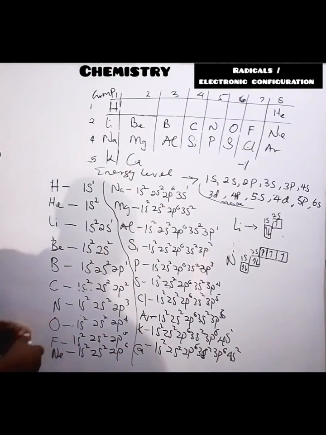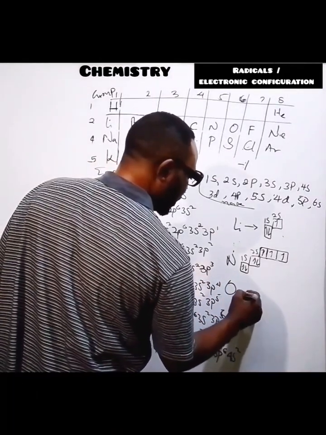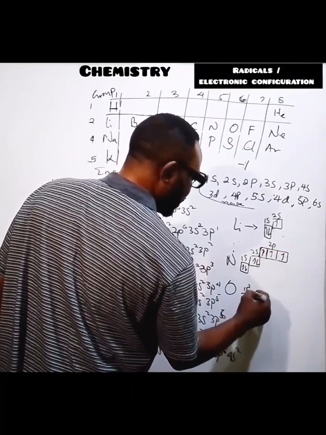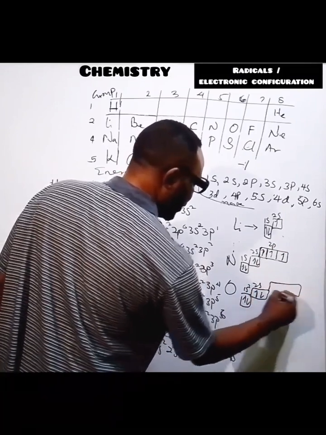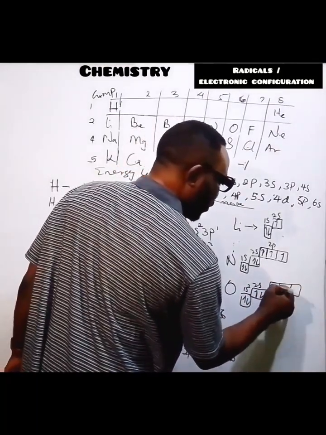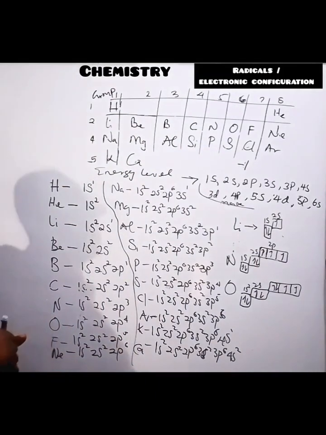Let's talk about oxygen now. Oxygen will be in this order: 1s2, 2s2, then 2p what? 2p4. This is it: 1, 2, 3. Then the fourth one will now come like this. That is how 2p4 is going to be.